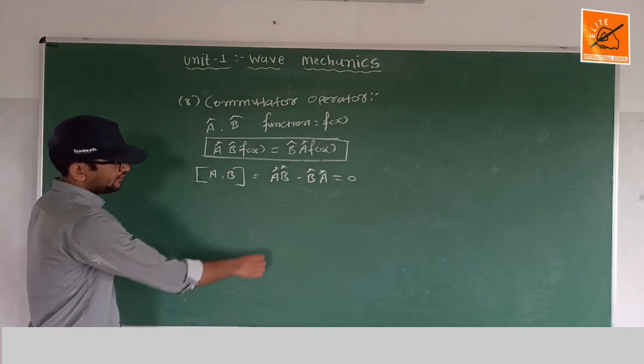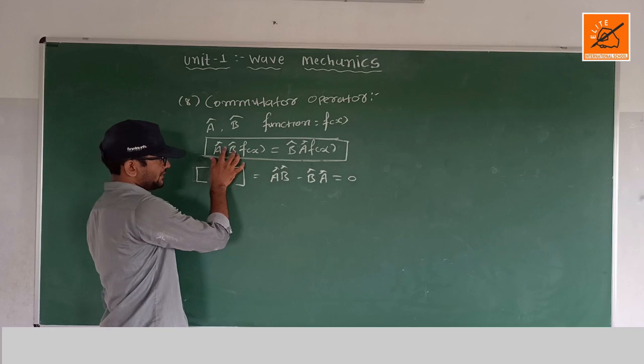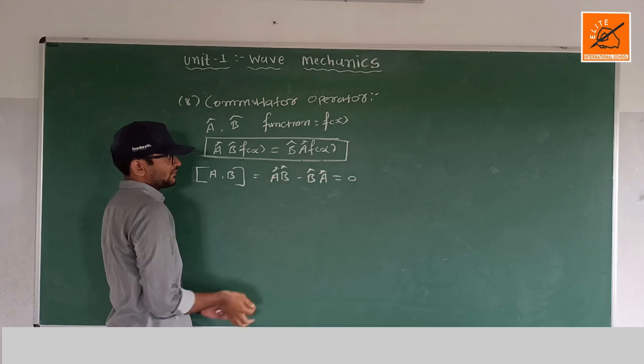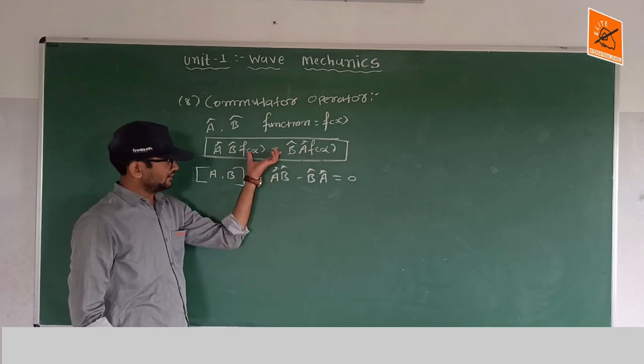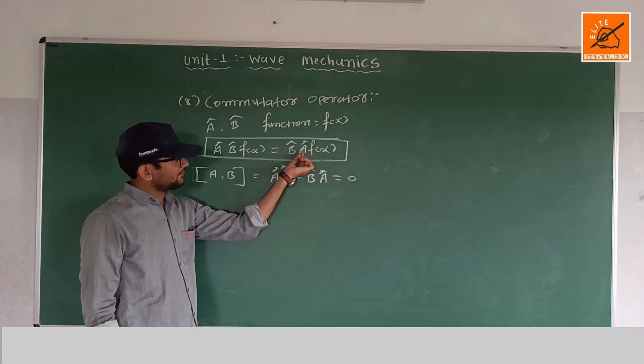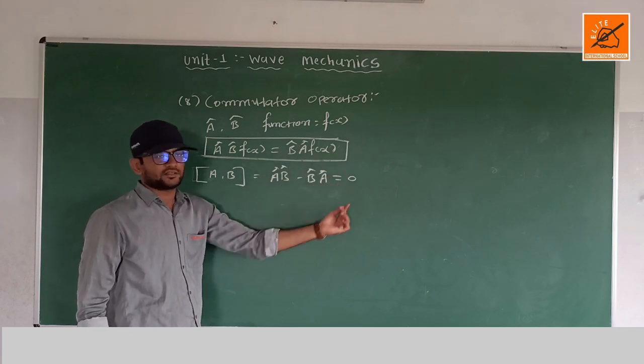Why 0? Because a cap b cap f(x) and b cap a cap f(x) are the same, so the subtraction a cap b cap f(x) minus b cap a cap f(x) is equal to 0.